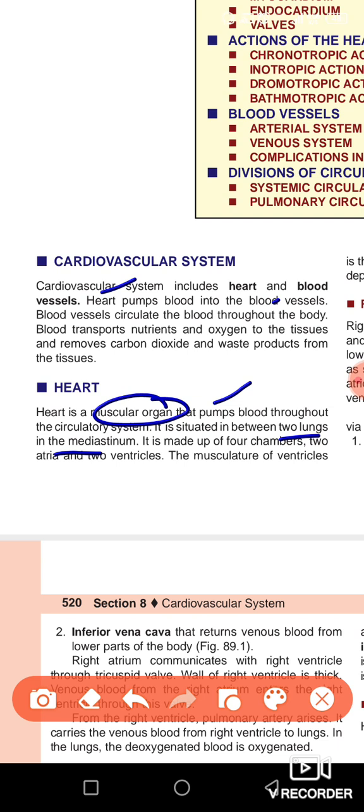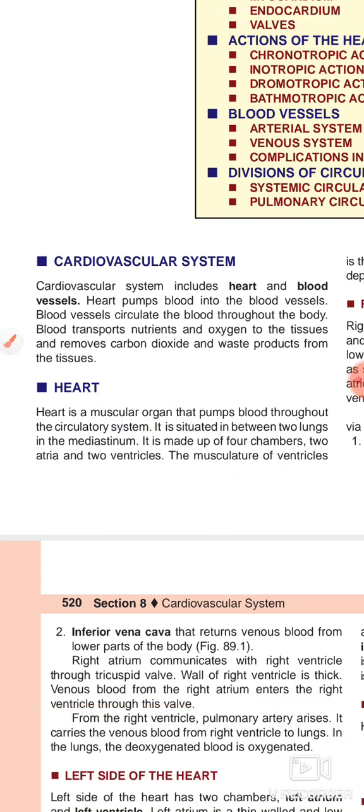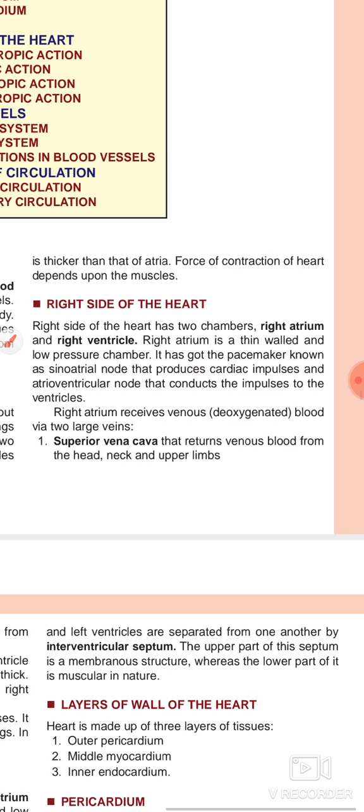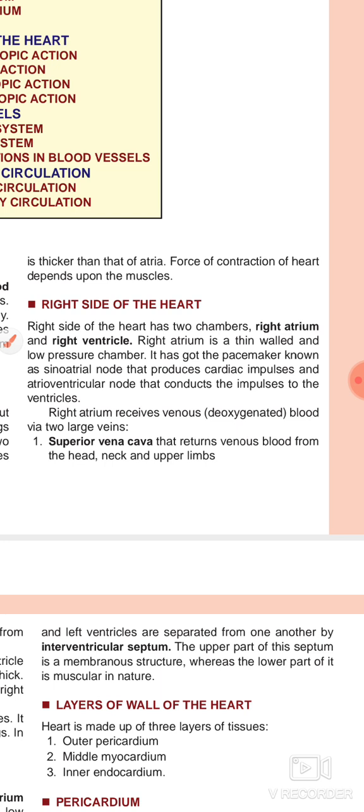Next you will discuss that it is composed of four chambers. You know, we have two atria and two ventricles. Okay, and then it is written that the musculature of the ventricles is thicker than the atria, and the force of contraction depends upon these muscles. It means the force of contraction is greater in the ventricles because they have a high musculature.